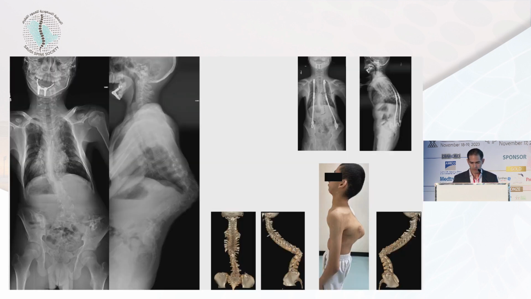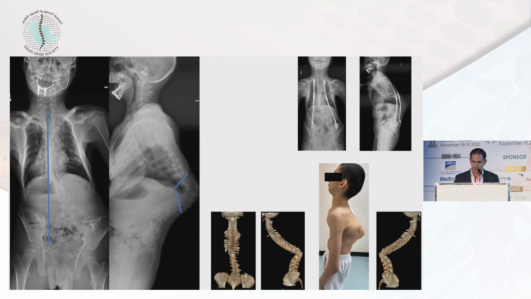This is a patient who is 14 years old, who has a kind of rare syndrome. He was previously operated with the use of Vector device. He had multiple surgeries actually in the past. And so as you can see, he has a very severe thoracolumbar kyphosis with also an onset of coronal malalignment to the left side.